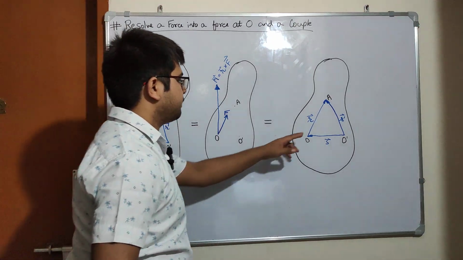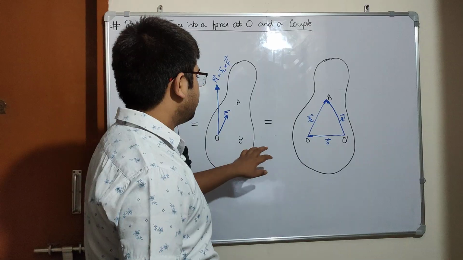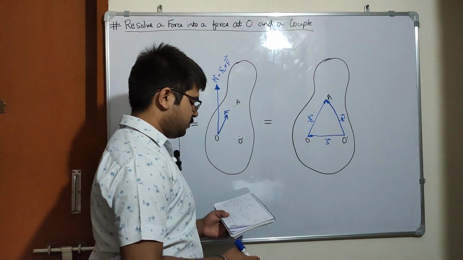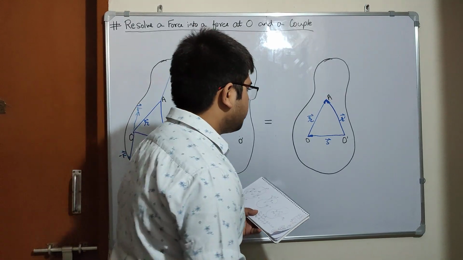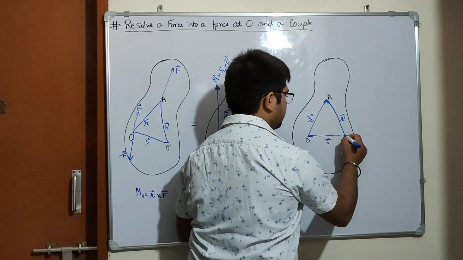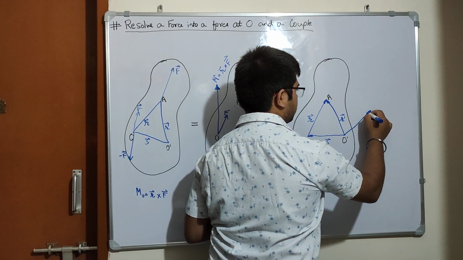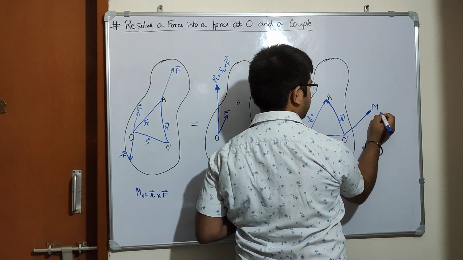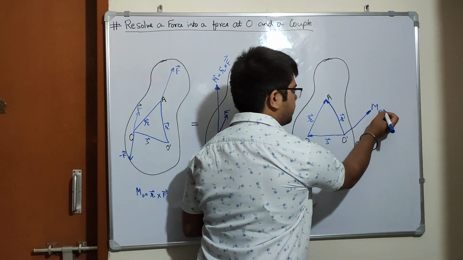Now we come here. All these three bodies are equal. So R vector, we will have a moment here, M O dash, or we can say O prime.